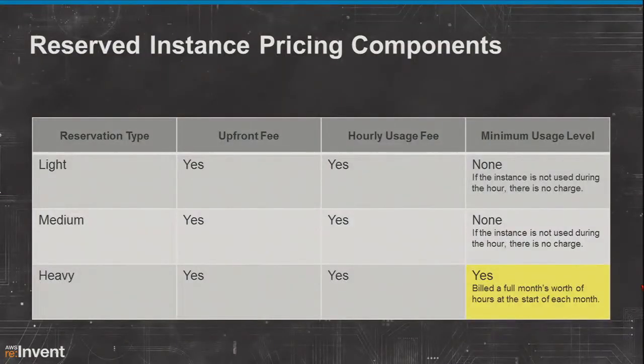If you buy a heavy, you will get a bill on the first of the month for 744 hours, or 720, depending on how many days there are in the month. So you are paying for 100% of the hours in the month, whether you use 2 hours or use 720 hours. That changes the calculation a little bit when you get to a heavy RI. So let's work through an example here.